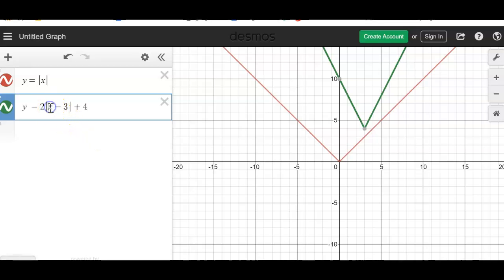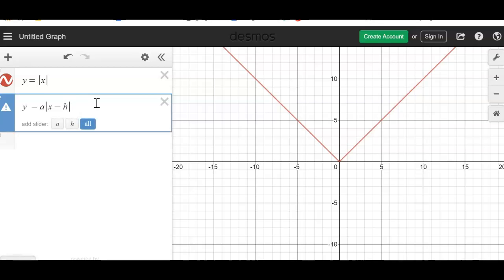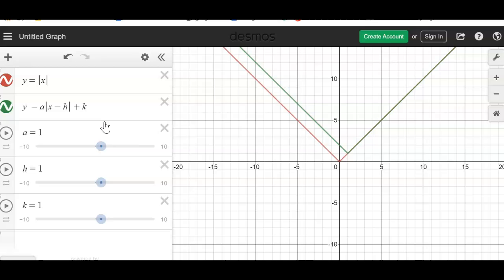Again, you could come in here if you want and change values inside here. You can continue to do any kind of exploration that you would like. And then you could always put in your sliders, as we talked about earlier, and add in all your different sliders and look to see what happens.